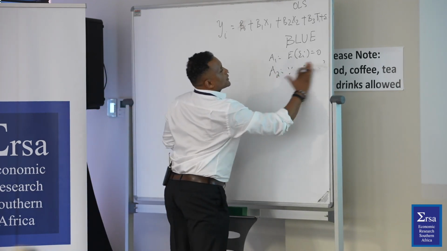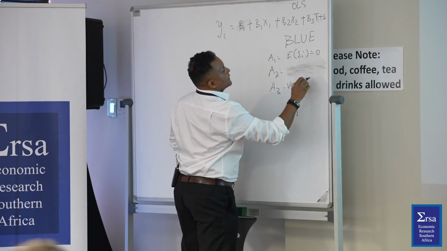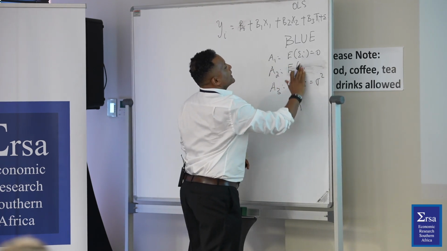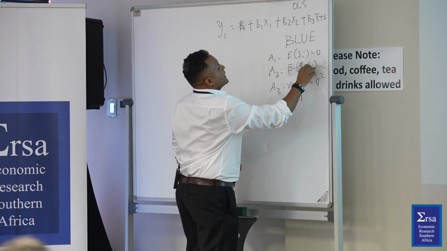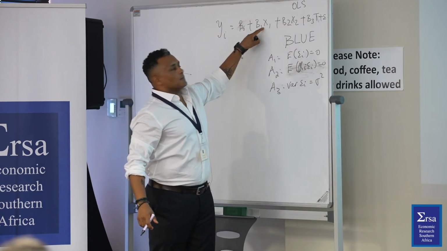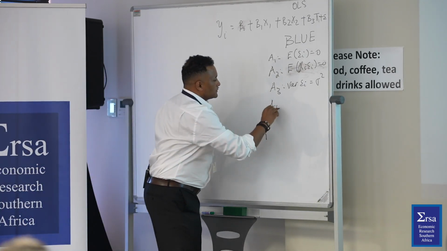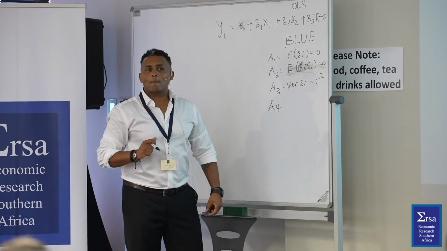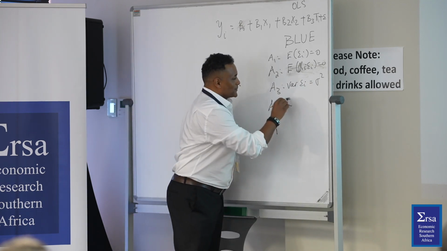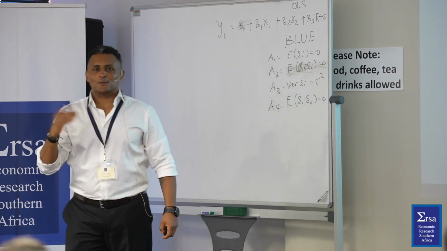A4, the expected value of E_i and E_j is 0, no autocorrelation.